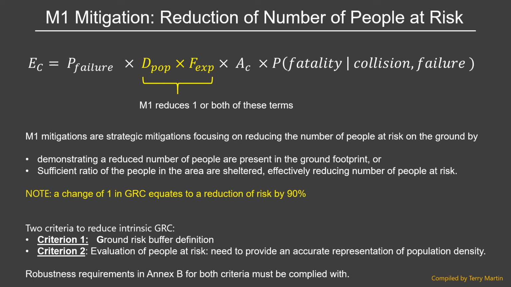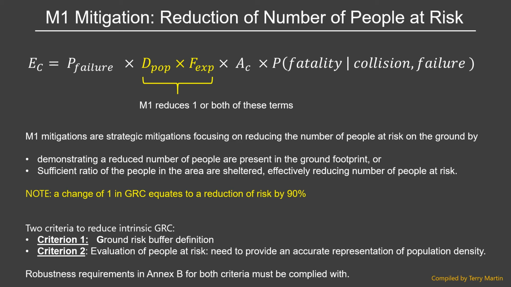Or you could get a more accurate map and demonstrate that there are actually fewer people than, say, the map that you derived your population basis from via census data. Or finally, you can show that people are less exposed, or any combination of the above.